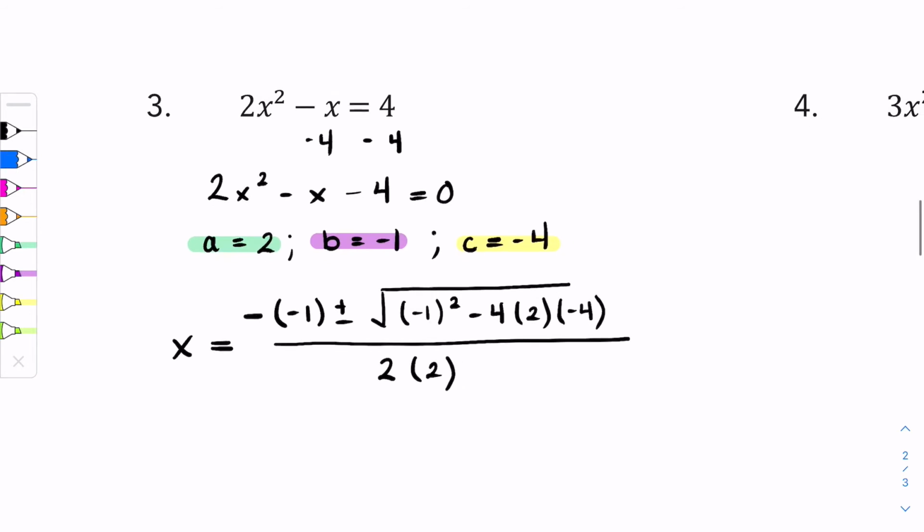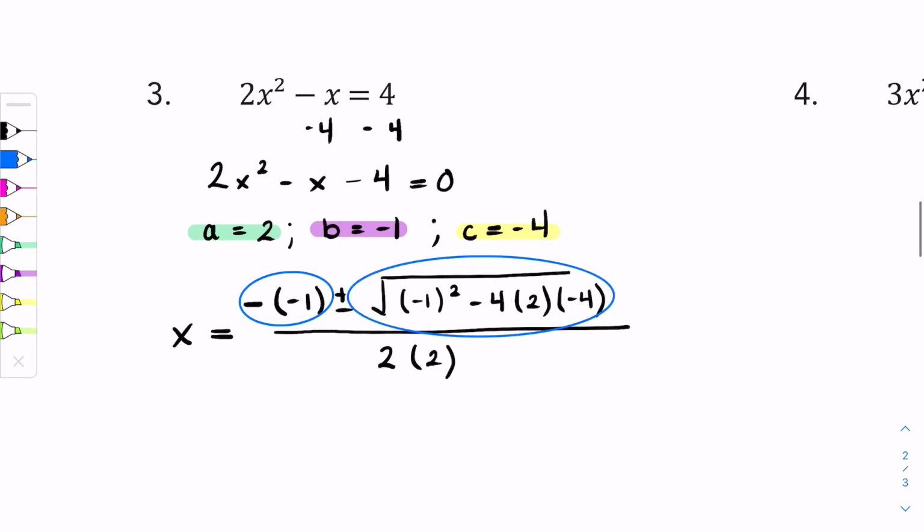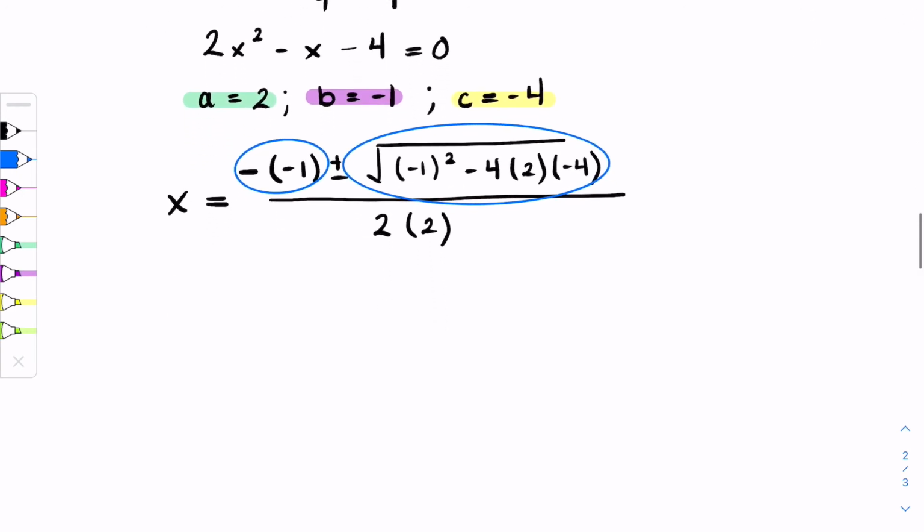For the numerator, we have negative times -1, which we're going to simplify to +1. And we also have our square root that we need to simplify. The numerator is 1 plus or minus the square root of -1 squared, which is 1.